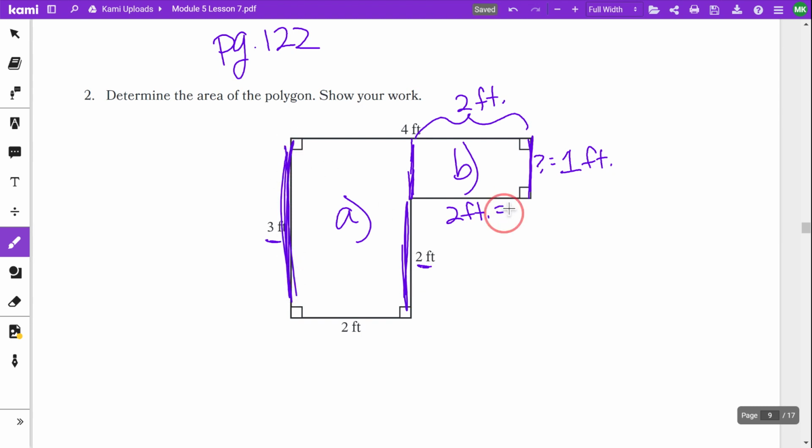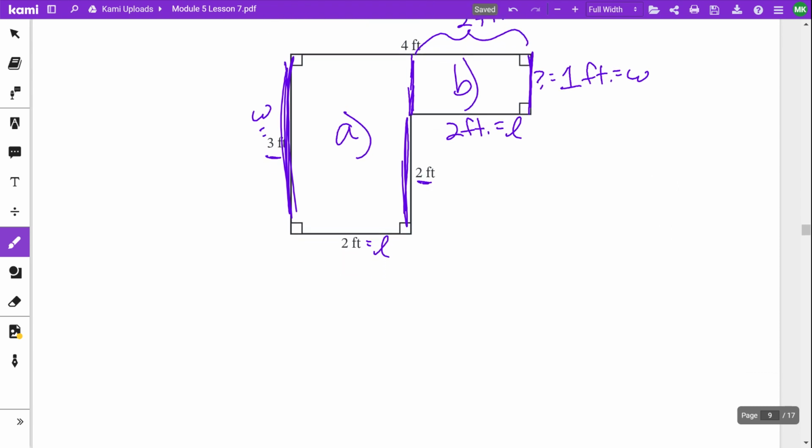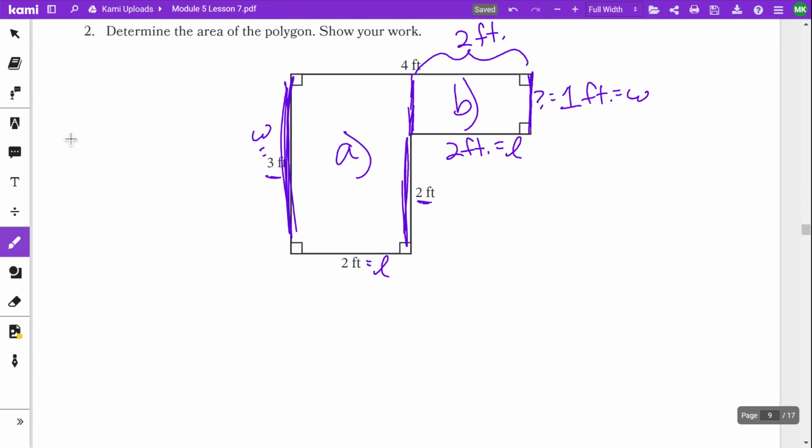Since they're rectangles, it's length and width. I have a width there and a length there for A. The area of this rectangle is length times width, and rectangle B is also length times width, because they're rectangles, silly.